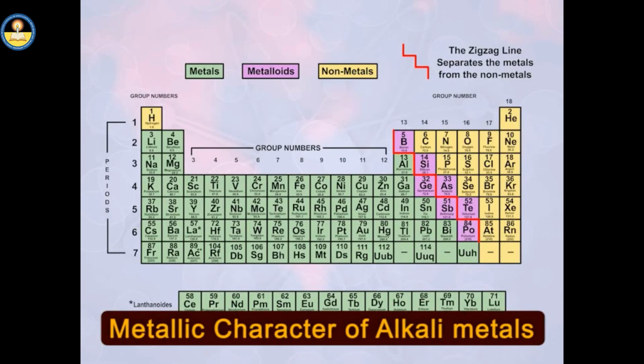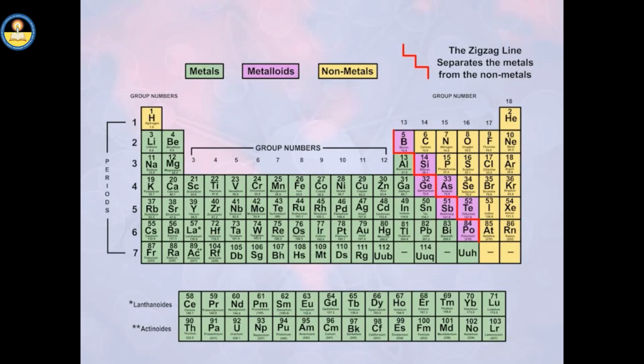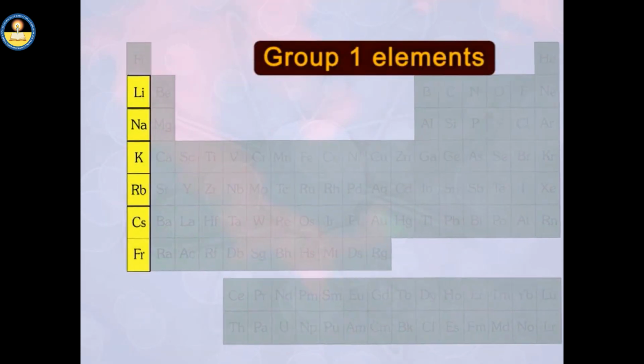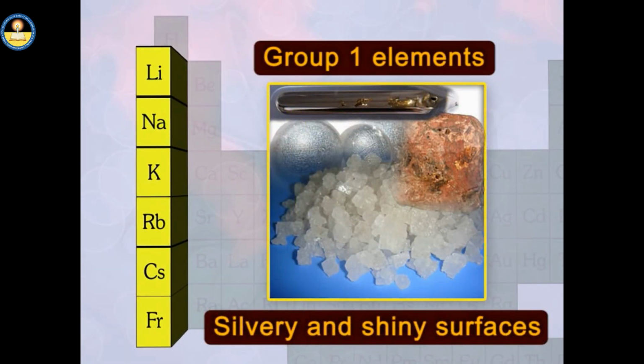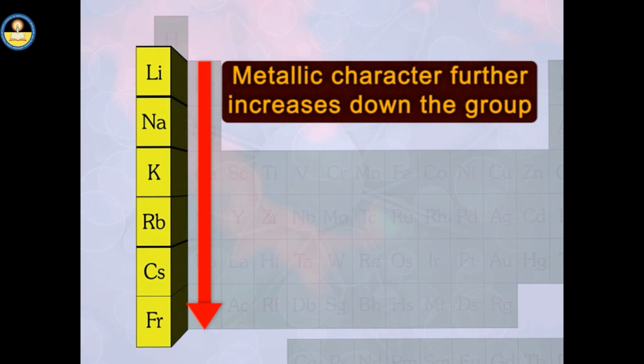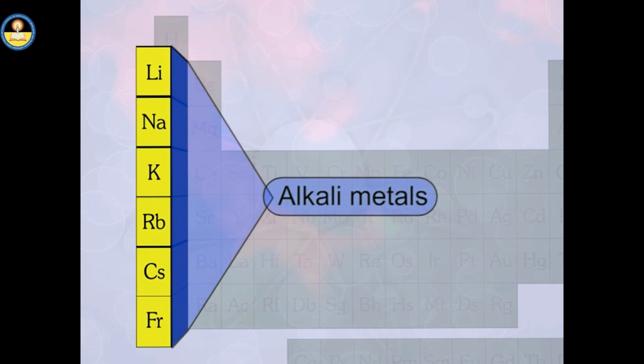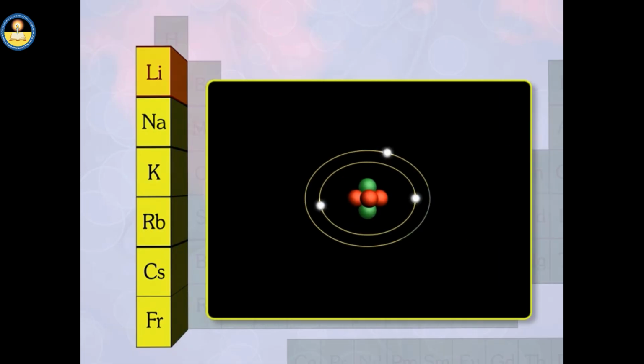Metallic character of alkali metals. Group 1. They have silvery and shiny surfaces. The metallic character further increases down the group. In the alkali metals, the kernels are of large size, as it depends upon atomic size, and there is only one valence electron.